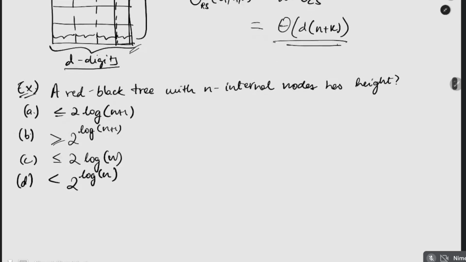Okay, so basically we want to get either the upper bound or the lower bound on the height of a red black tree, right? That has n nodes, right?